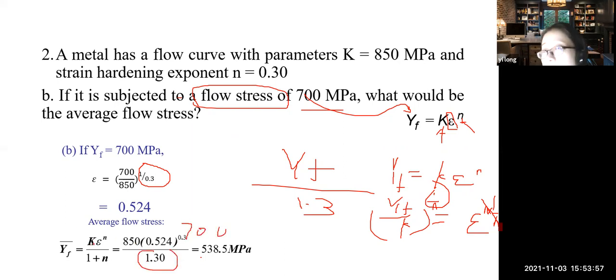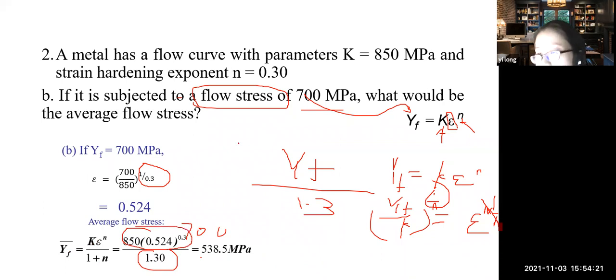We show all the steps here so it will be easier for you. So the final answer, once you change the flow stress to another value, is that the average one is now 538.5, because this one equals 700.